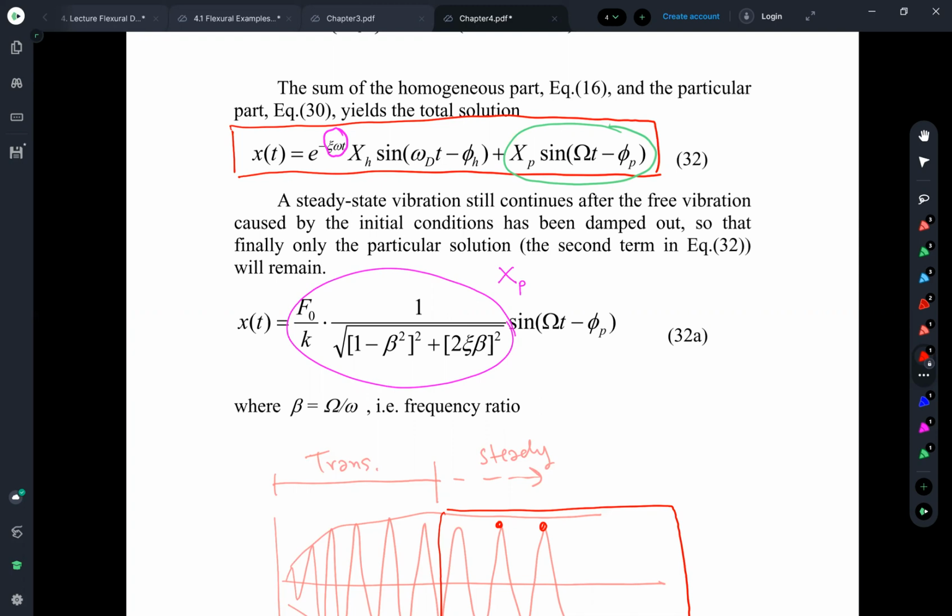There is one parameter we often use in civil engineering applications as well as mechanical engineering applications, which tries to change the form of X into something like X0 multiplied with the DAF.